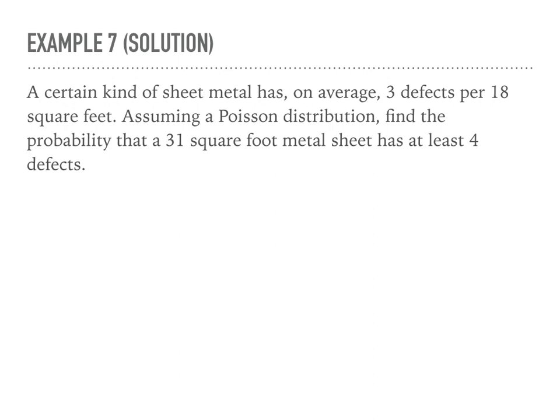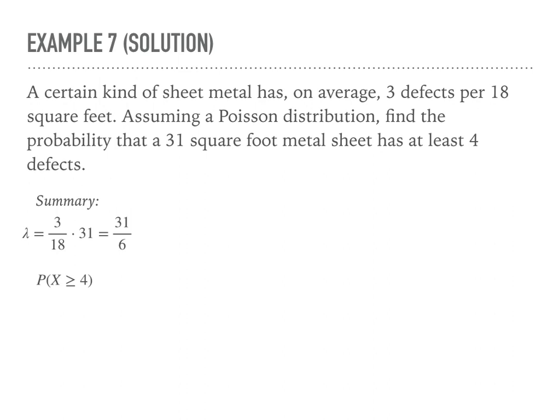Looking at example 7, a certain kind of sheet metal has on average 3 defects per 18 square feet. Assuming a Poisson distribution, find the probability that a 31 square foot metal sheet has at least 4 defects. Finding lambda, you'll do 3 divided by 18 times 31.